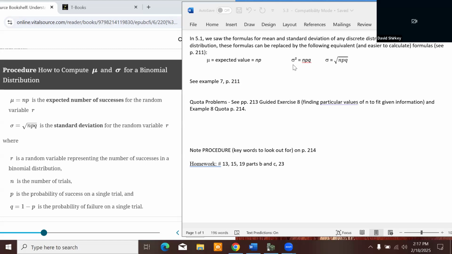Sigma squared, the variance, is going to be NPQ. So sigma, the standard deviation, is going to be the square root of NPQ. I'll let you take a look at example 7 on page 211 yourself about calculating these. But when it's a binomial distribution, only 2 possible outcomes, it's really easy to calculate, as you can see from the formulas here.